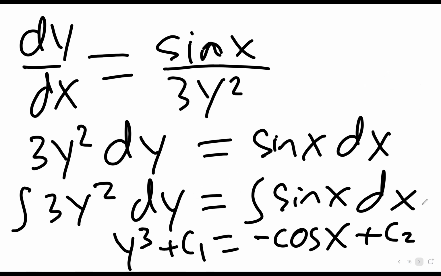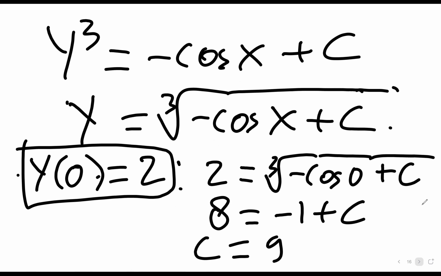Once you separate the variables, take the antiderivative for each function, with respect to y and with respect to x, one by one. Finally, you have a function in y only and a function in x only, then just simplify.